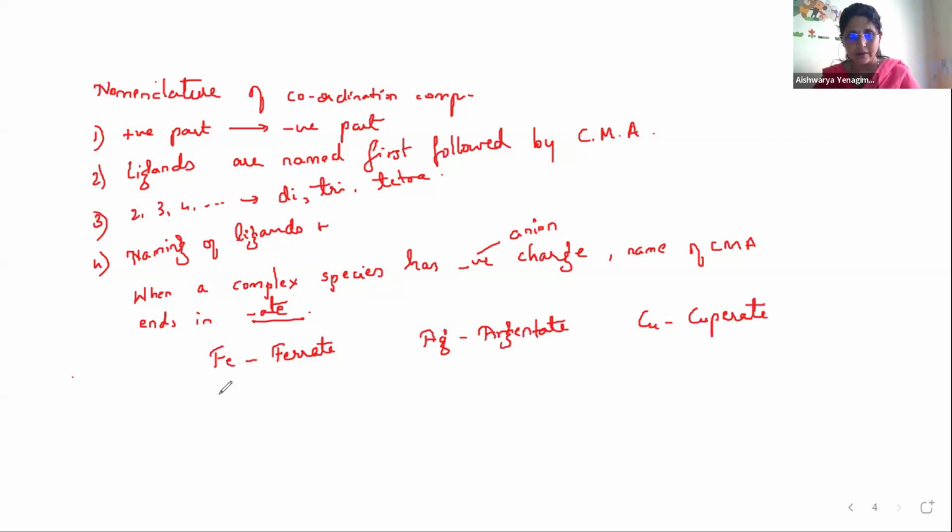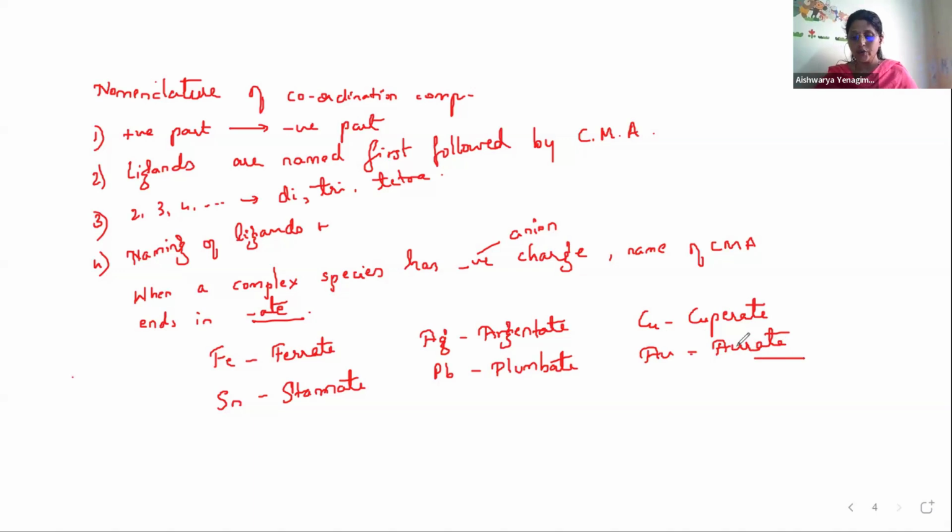Sn, tin, you write as stannate. Pb, you write as plumbate. Au, you write as aurate. When it is an anionic complex, the metal is named ending with ATE.